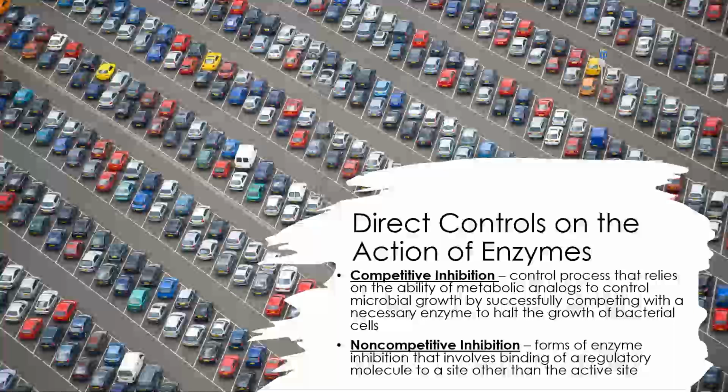An example of that, I have the cars in the background here, is like if you're driving around in a really full parking lot, maybe you're trying to find a good spot in upper lot, okay? You are competitively looking for that spot with other cars, and maybe somebody comes in and cuts you off and takes the spot. Well, they competitively inhibited you from getting into that active site because you guys both fit in the same parking spot.